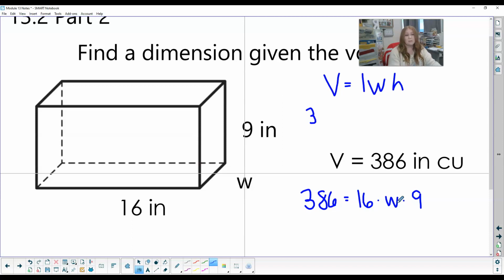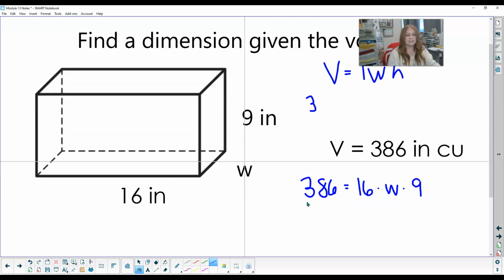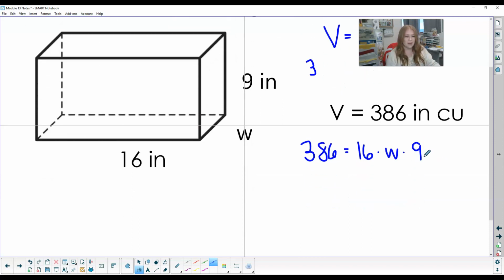I want to get W by itself. I'm doing everything backwards. We've done this before. So I'm going to take 386 and divide by 9 on both sides. Divide by 9, divide by 9.